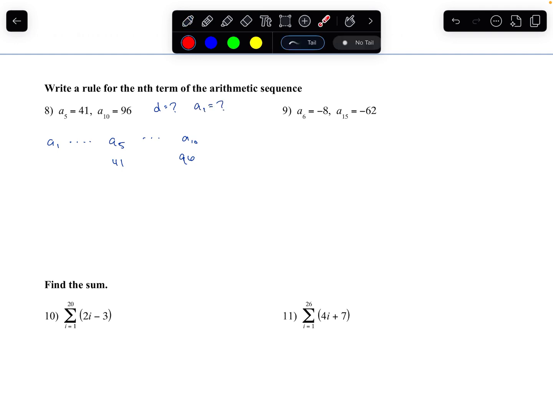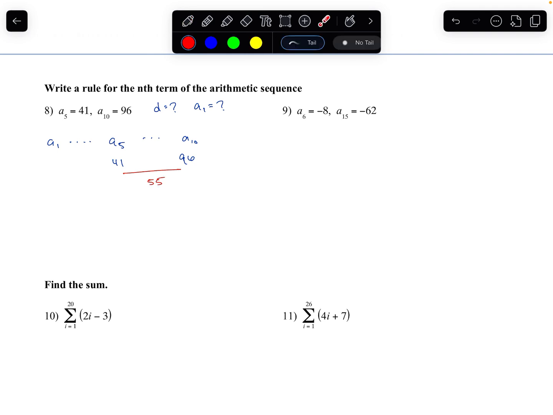So first of all, I'm going to look for the common difference. So I know that from the 10th term to the 5th term, the total difference is 96 minus 41. So if I do 96 minus 41, I get that the difference between here is 55. And how many terms are between them?